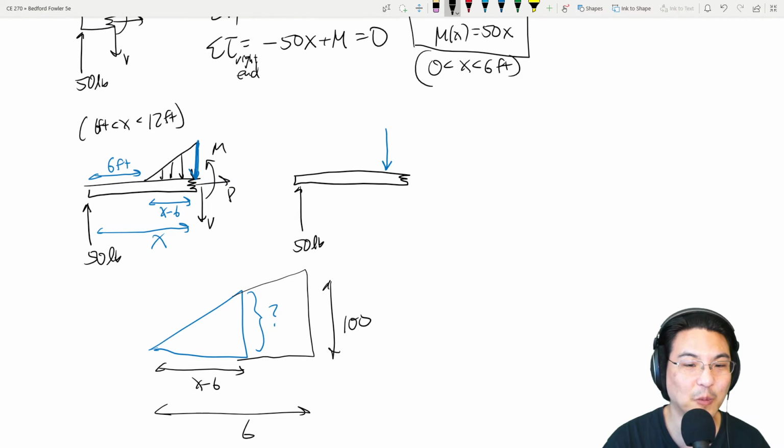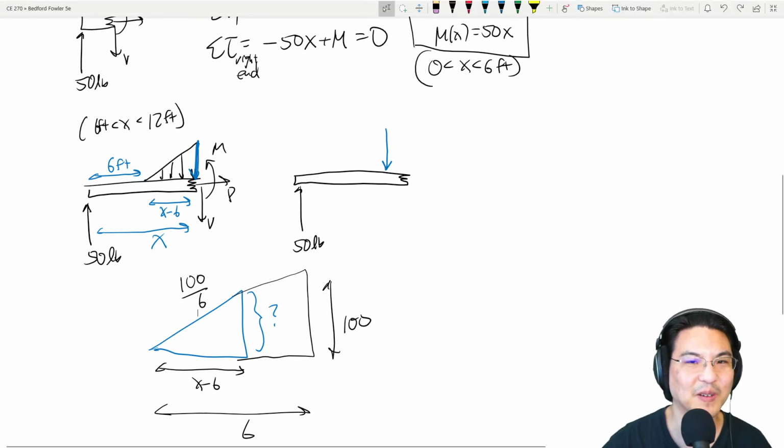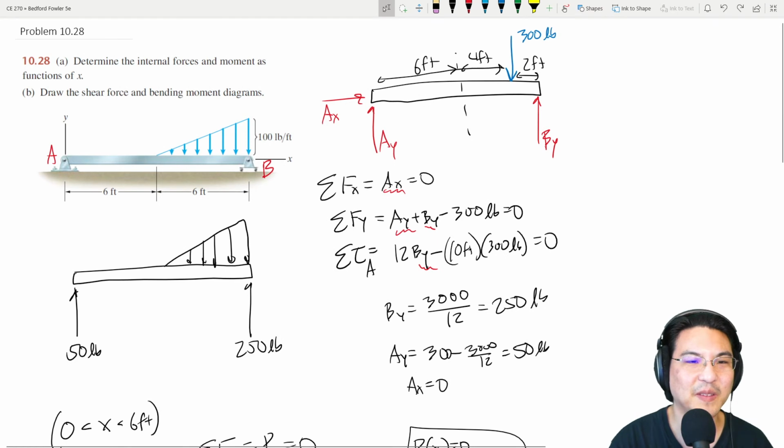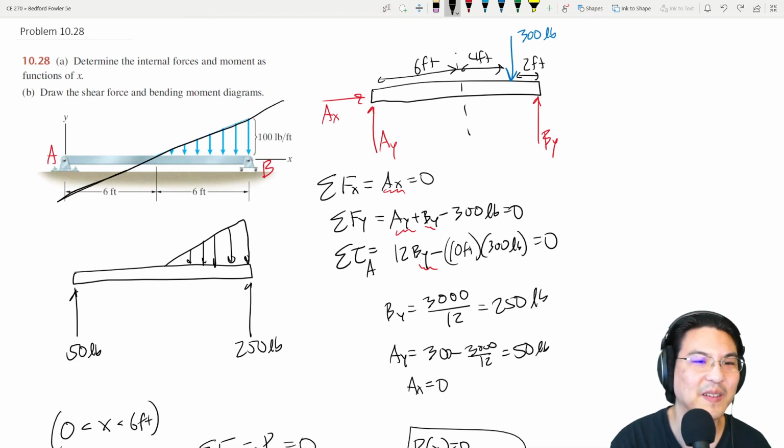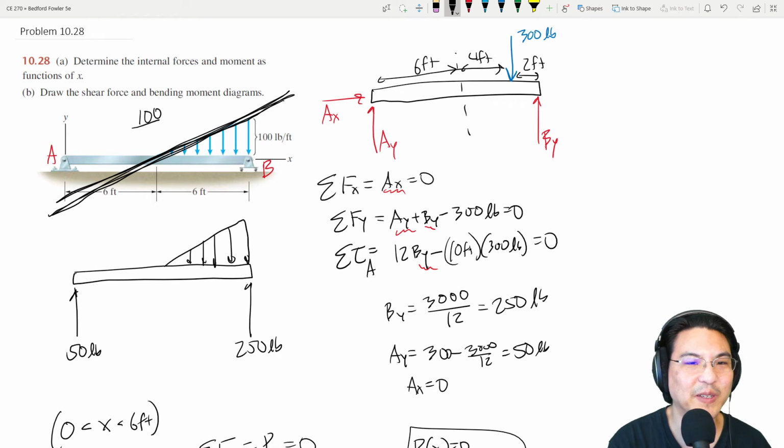So we know the slope is definitely 100 over 6, the slope of this. So as a function, let me go back to the original picture. You see this right here? Let me maybe extend it like this. What is this function? The slope is rise over run. So 100 over 6, x. But then the y-intercept is actually over here.